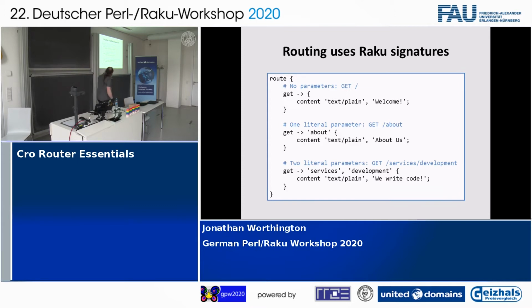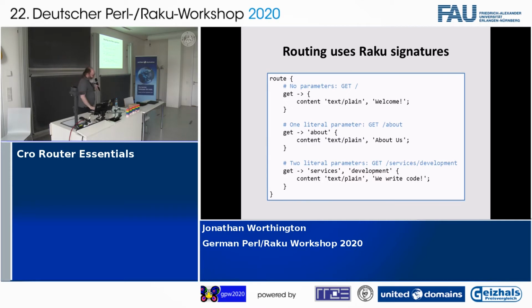Otherwise, all you need to know is that you're declaring an anonymous piece of code and it's being given to get. This is also the same, except we're saying that we take one argument, but we only accept the argument if it matches the string about. This one down here has to match services development, so two literal parameters, so it does get slash of that.